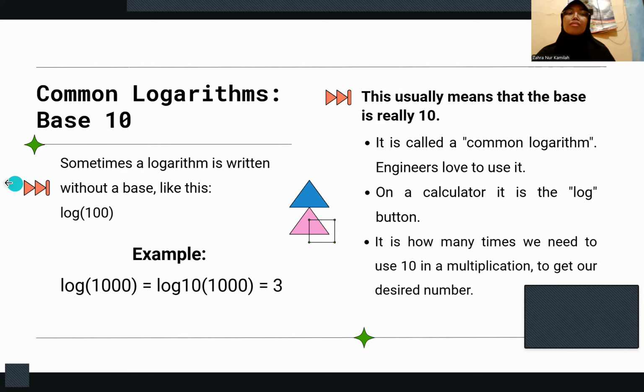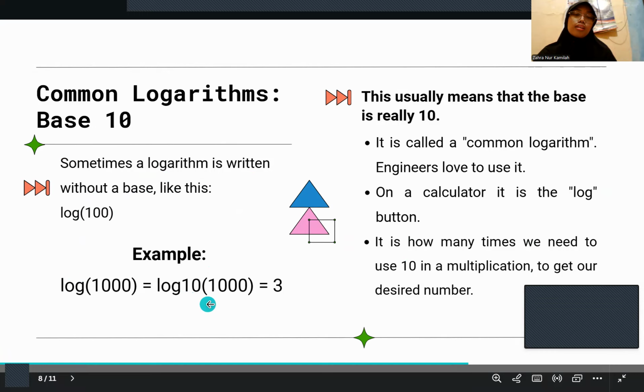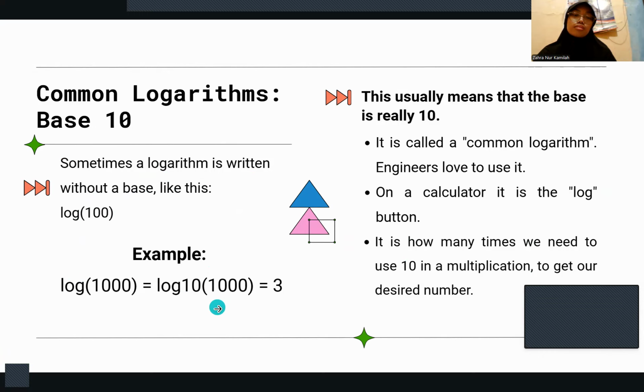The next one is the common logarithm. Sometimes a logarithm is written without a base, like log 100. Another example is log 1000, which equals 3.